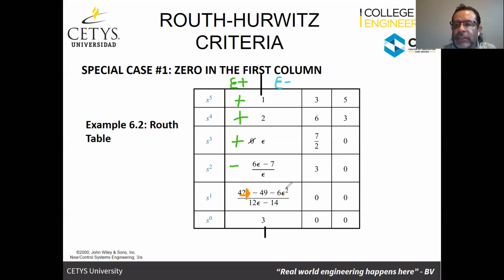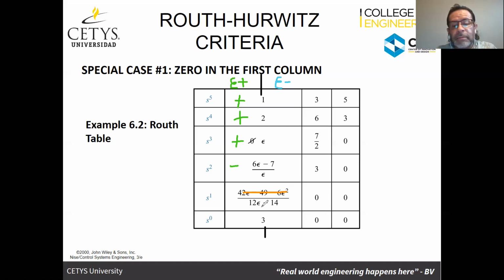Then epsilon squared is still positive, but 6 times it is smaller than 6. So something smaller than 42 minus something smaller than 6. And if I substitute negative 49, this whole numerator is going to be negative.